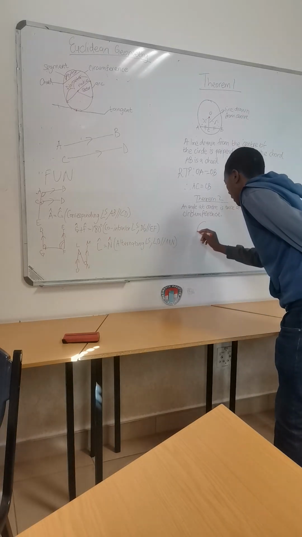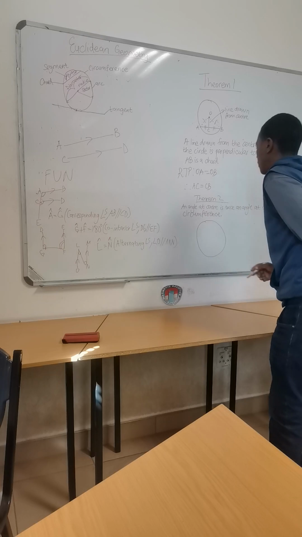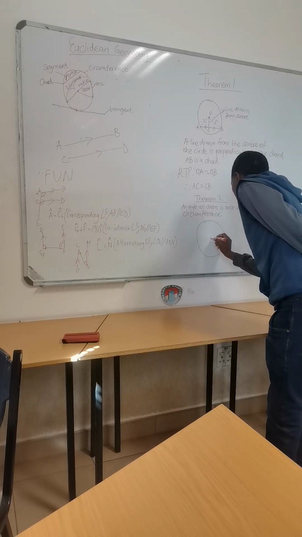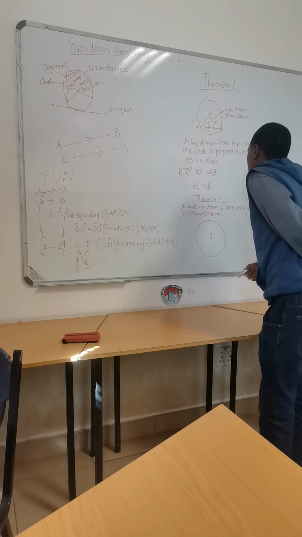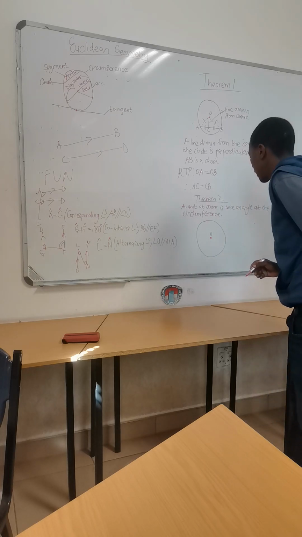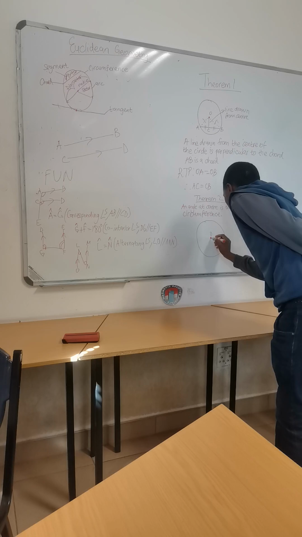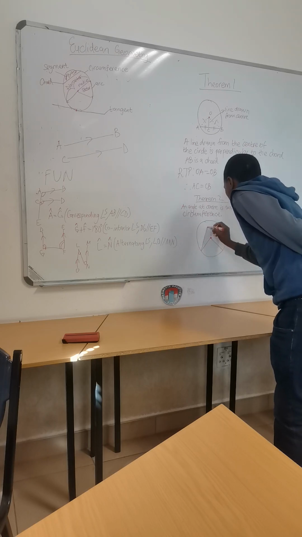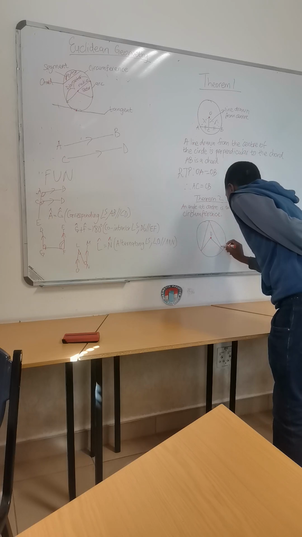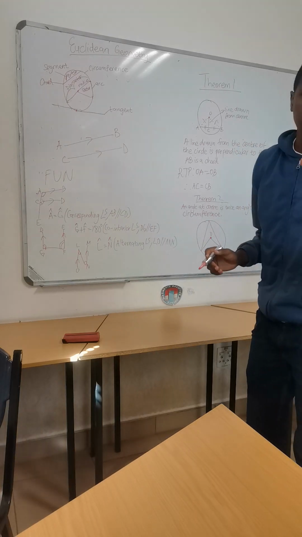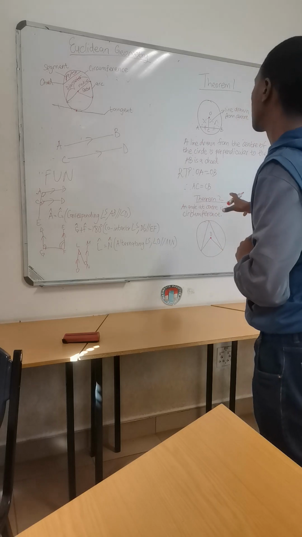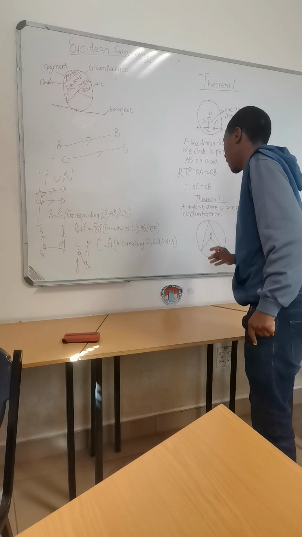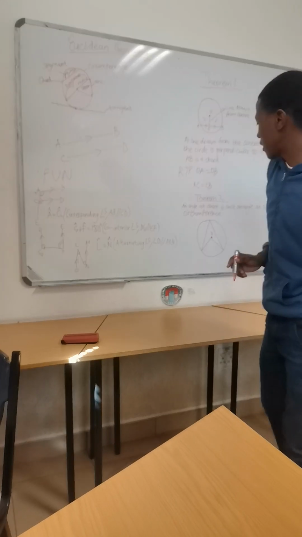Let's say we have a circle, with the center of the circle as O. We have about 3 circles that we are going to do according to theorem 2, where it says an angle at the center is twice the one at the circumference.